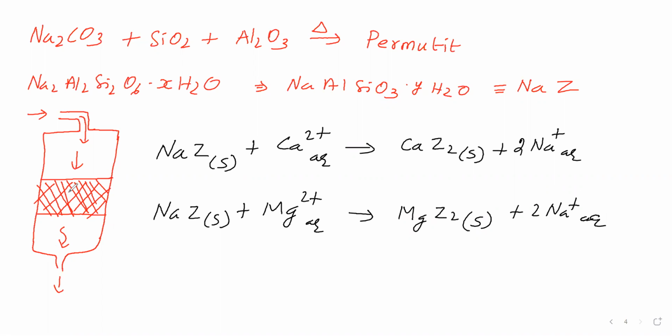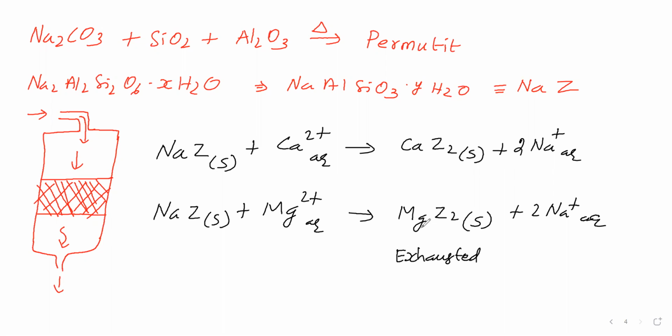As time passes, this zeolite, whose formula is NaZ, becomes CaZ2 and MgZ2. At a certain time, this permutit completely becomes CaZ2 and MgZ2. Now is this permutit useful to convert hard water into soft water? No, because the permutit is exhausted. This is called exhausted permutit because we cannot use it for converting hard water into soft water.